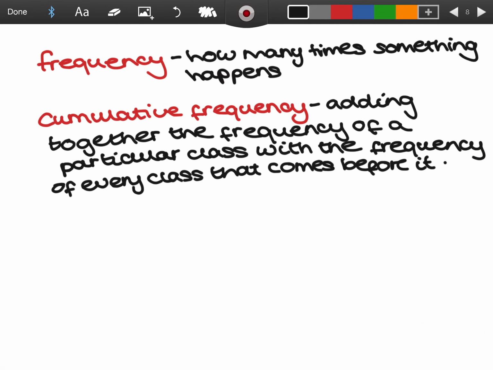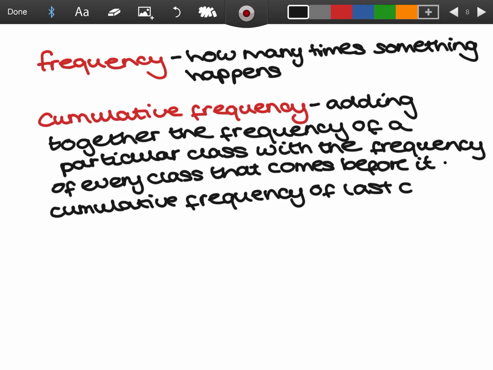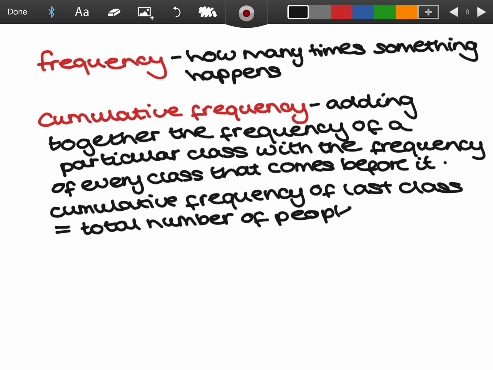So the cumulative frequency of the last class equals the total number of people in the study, or the total number of things in the study.